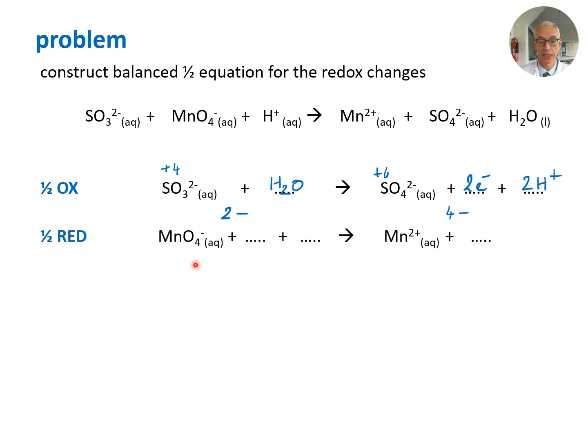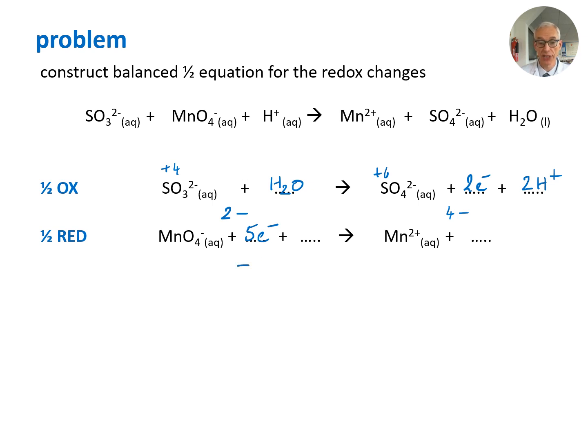So manganate 7 to manganese 2. I'm going to skip and say, okay, that's achieved by the gaining of 5 electrons. I'm now looking to balance charge.